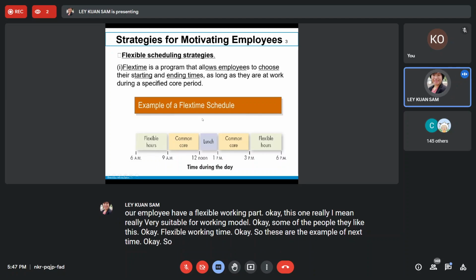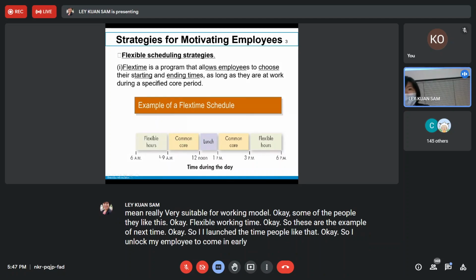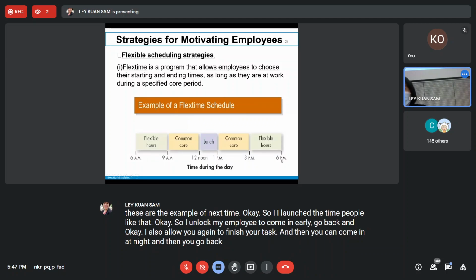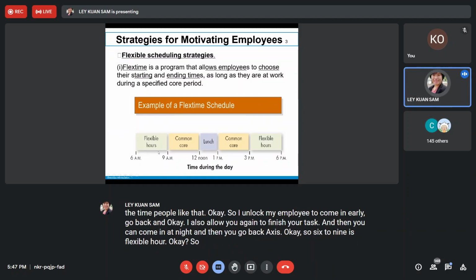So I arrange the timetable like that. I allow my employees to come in early and go back early. I also allow you to finish your task, and then you can come in at 9 and go back at 6. So 6 to 9 is flexible hours. I don't care what time you come in. If you come in early, you go back early.